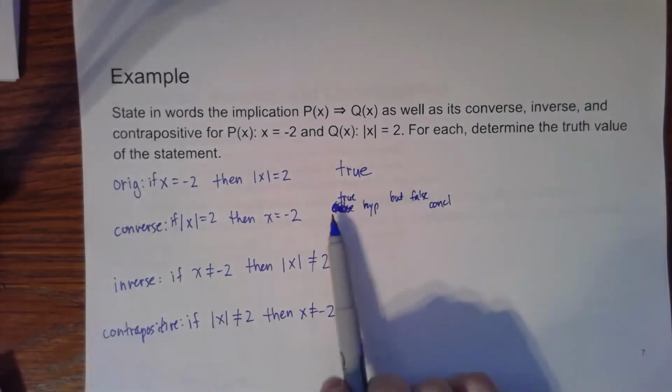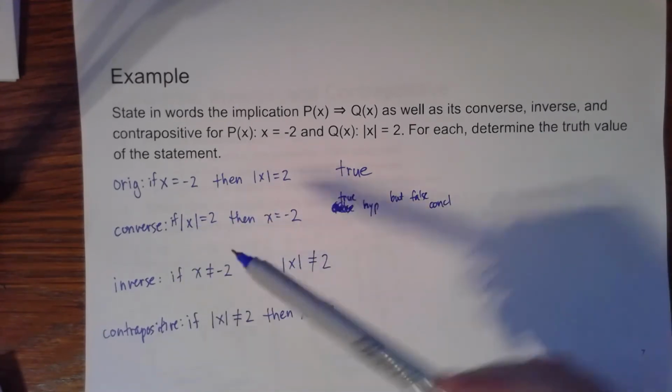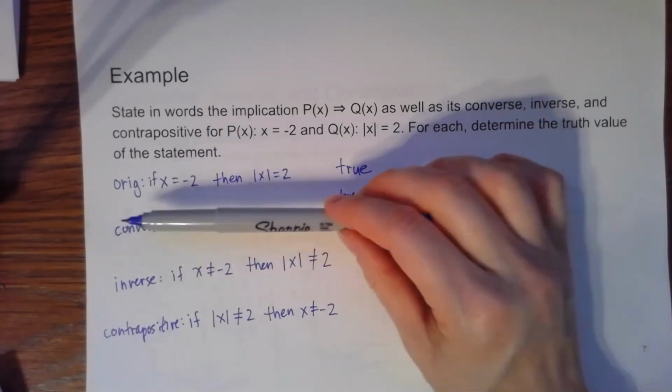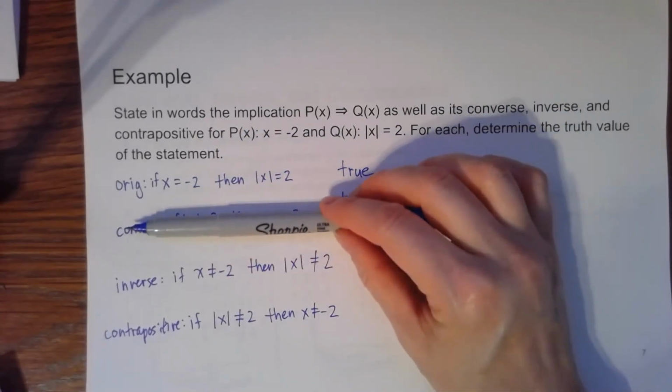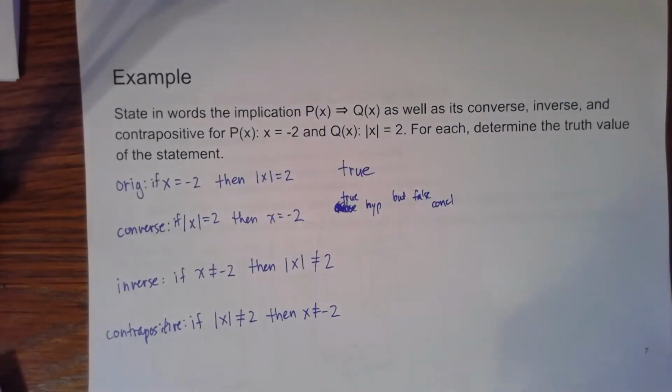If I can ever find a case like that, then in general I can't claim that this is an always true statement. I could maybe say under certain situations it might be true, but I can't say it's always true if I can find even one counterexample.